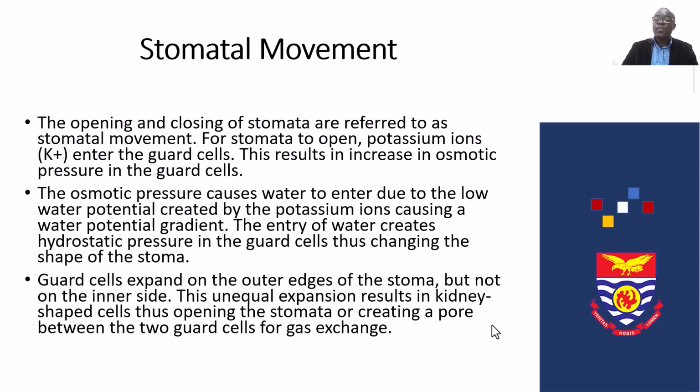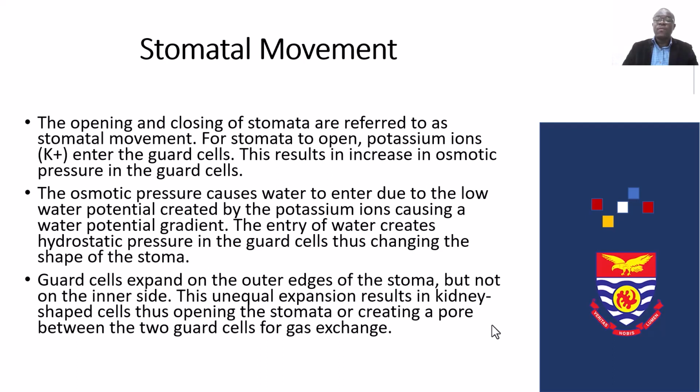Stomatal movement. The opening and closing of stomata are referred to as stomatal movement. For stomata to open, potassium ions enter the guard cells. This results in an increase in osmotic pressure in the guard cells. The osmotic pressure causes water to enter due to the low water potential created by the potassium ions, causing a water potential gradient.